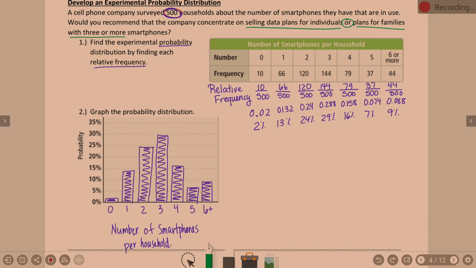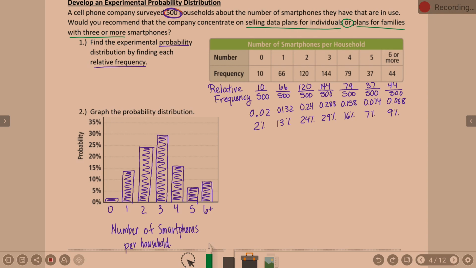With the number of household smartphones, everything to the right would be what they want to sell, because there's more phones per house. So they talk about plans for families with 3 or more. So 3 or more would be, I guess, these right 4 pieces, right?